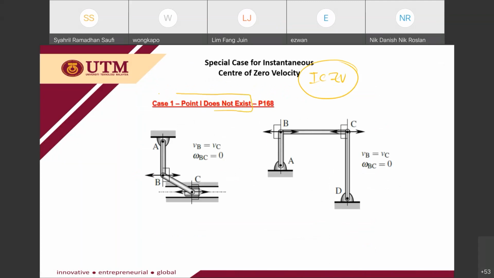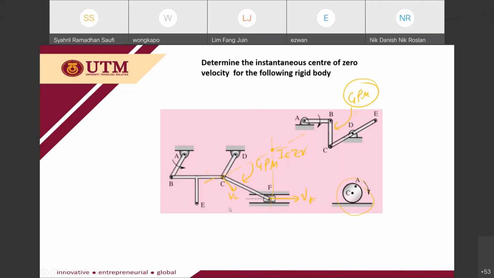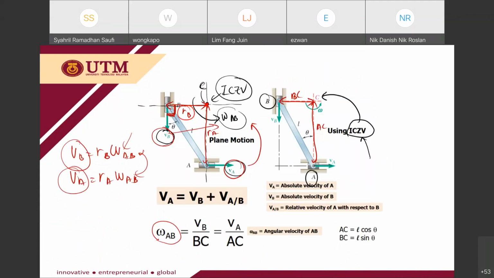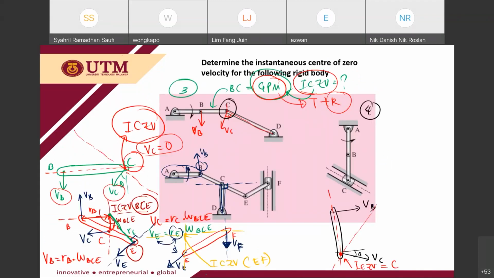Okay, for this case, if we do the analysis for a system moving with general plane motion, let's say for this case here, this is your VB and then this is your VC.